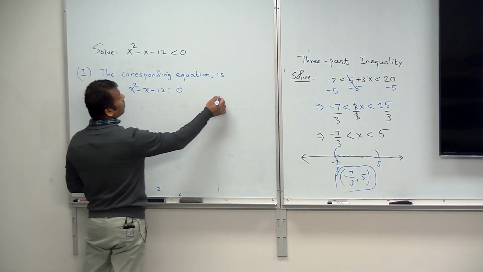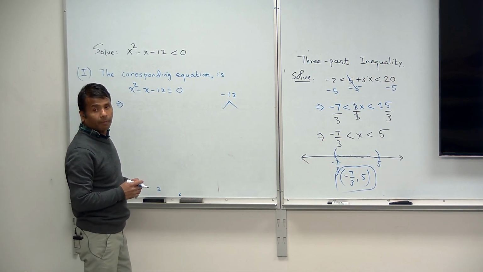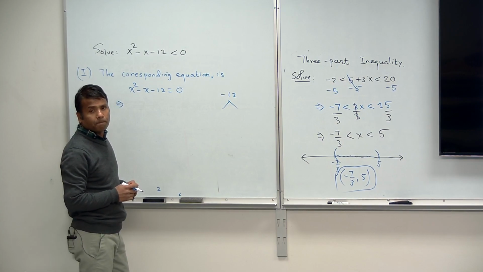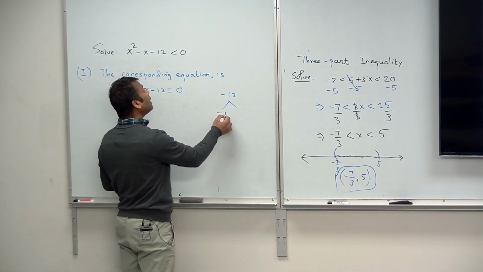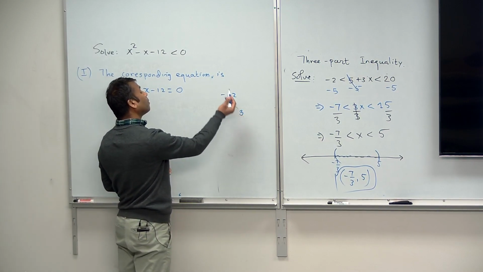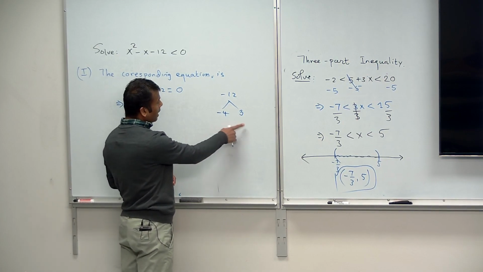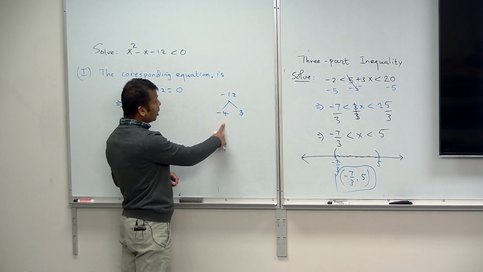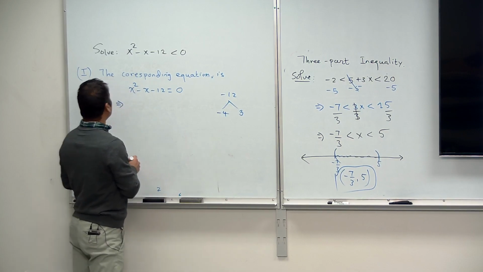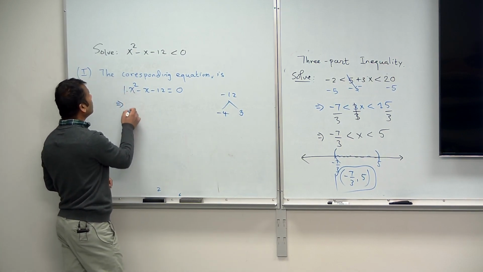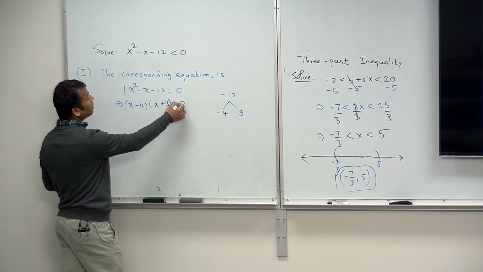What are the factors of negative 12 so that the sum is negative 1? Negative 4 and 3, right? When you multiply, it gives you negative 12. When you add, it gives you negative 1. Makes sense? So the coefficient of x squared is 1, so you can simply write x minus 4 times x plus 3 equal to 0.